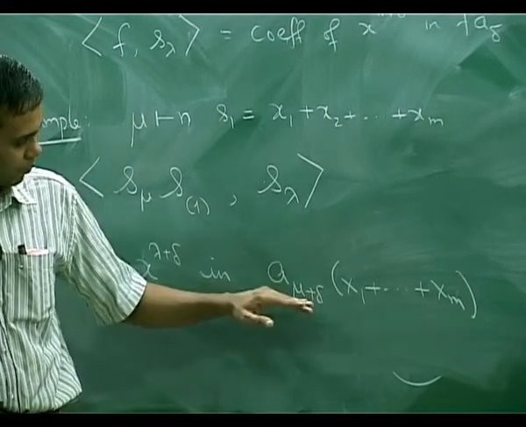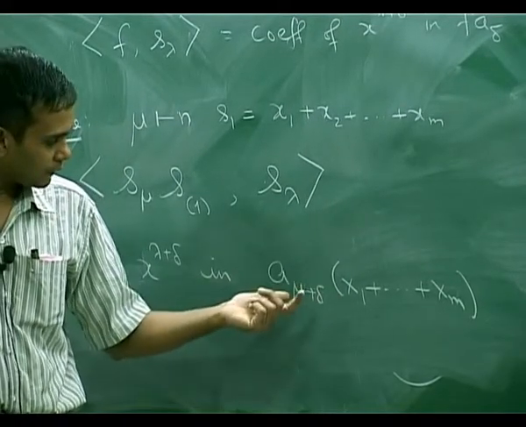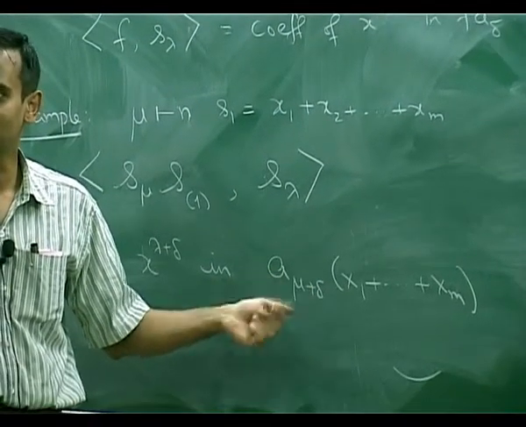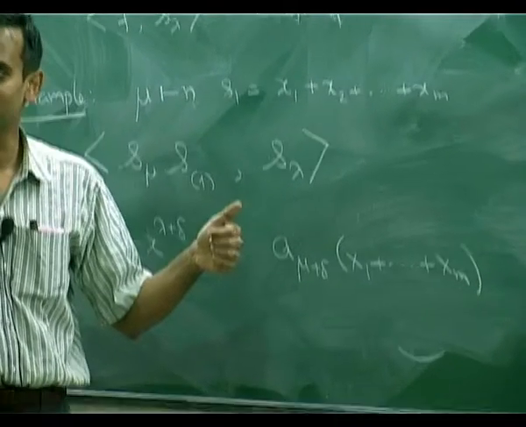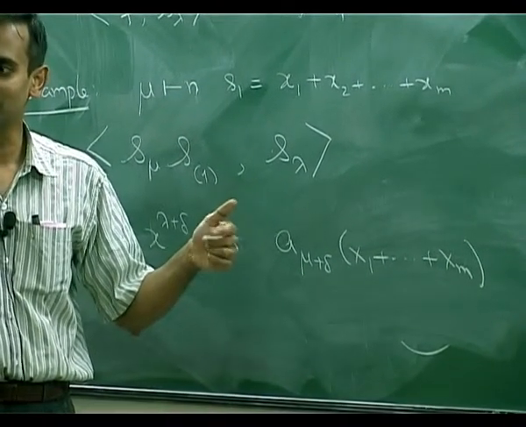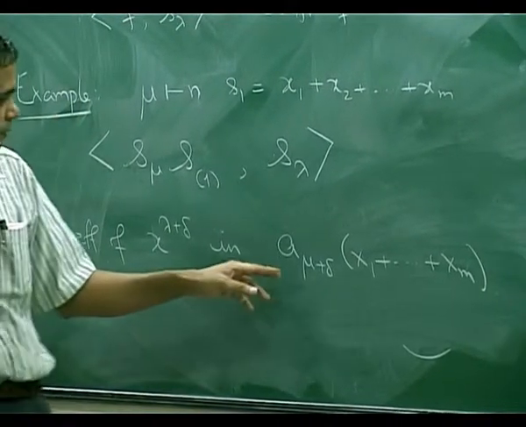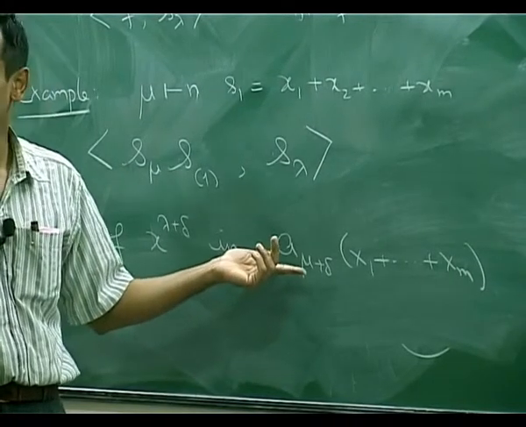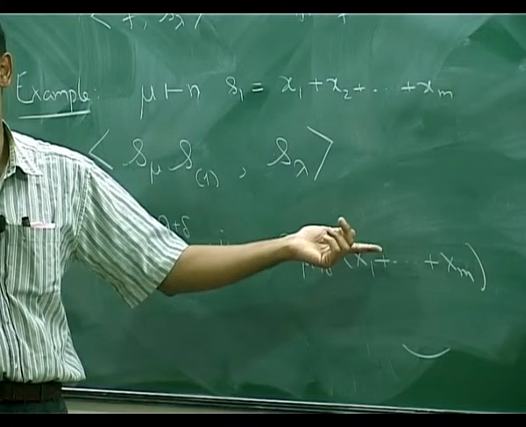Now if I start with a monomial that is not strictly decreasing and increase one of the powers by 1, I cannot get something that's strictly decreasing. At best I can get something with 2 powers equal. So the only place where I can start is with x to the power mu plus delta itself and then increase one of the things by 1.